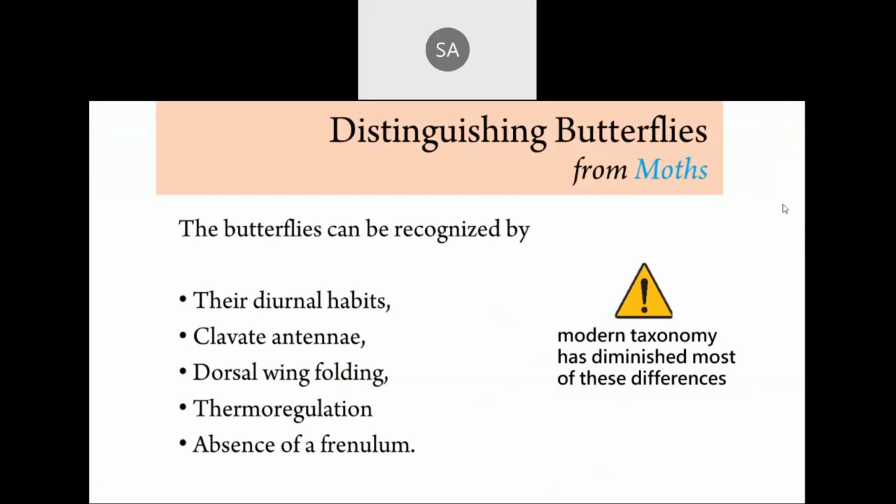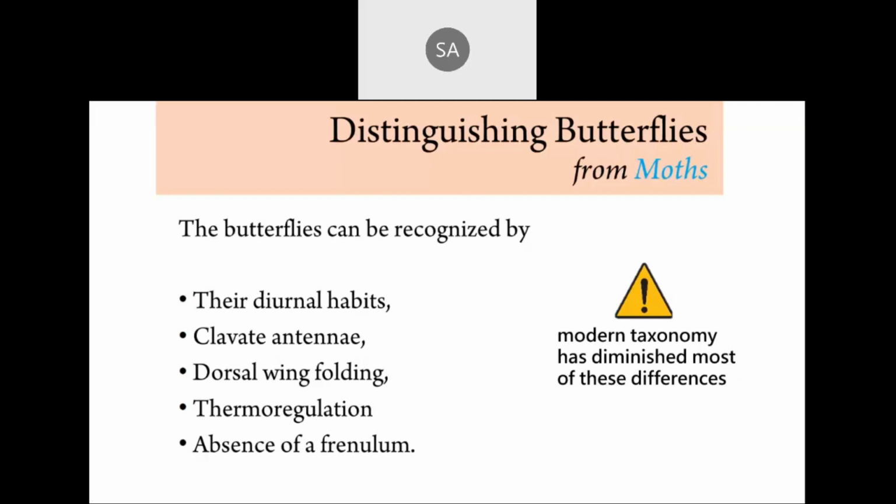Let me tell you that moths and butterflies are similar in appearance because both have scaly wings and a coiled proboscis. The difference between butterflies and moths is not that great, and it is comparable also to differences between moth families. Different moth families will have different features. Now when we distinguish butterflies from moths, the first is that butterflies have diurnal habits.